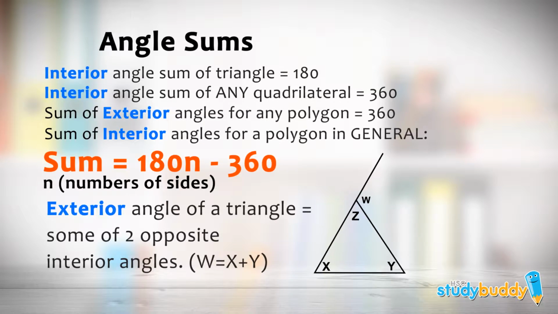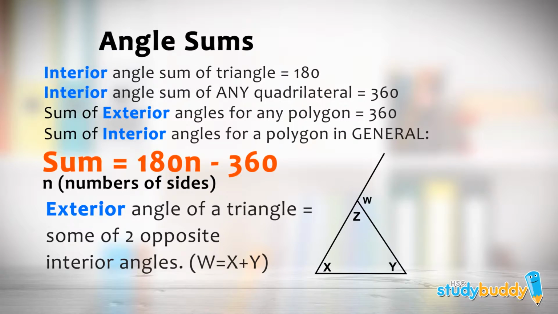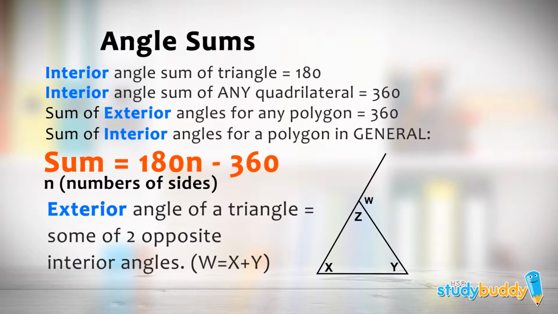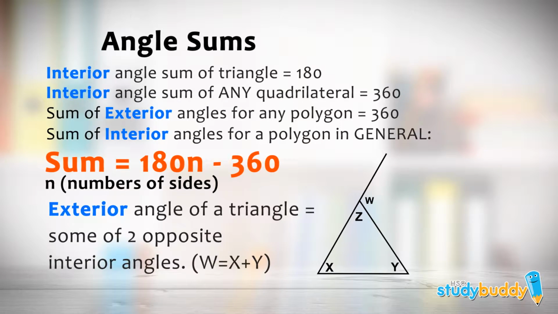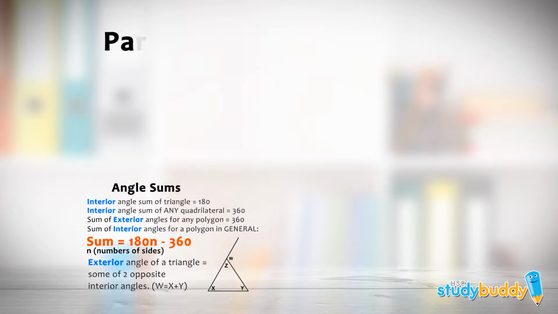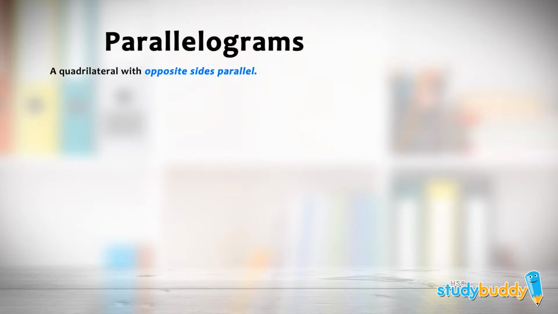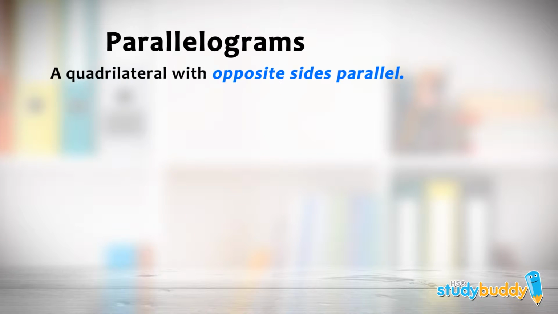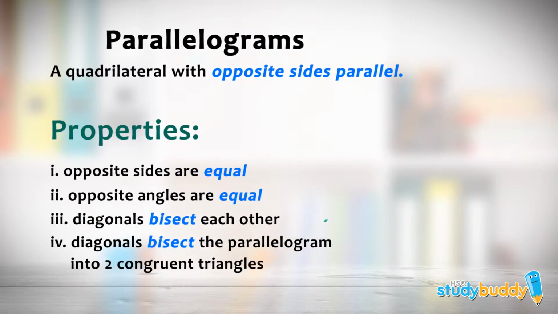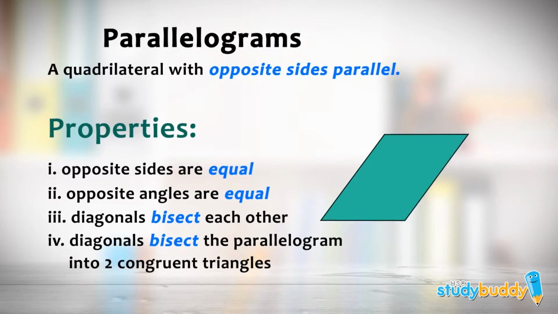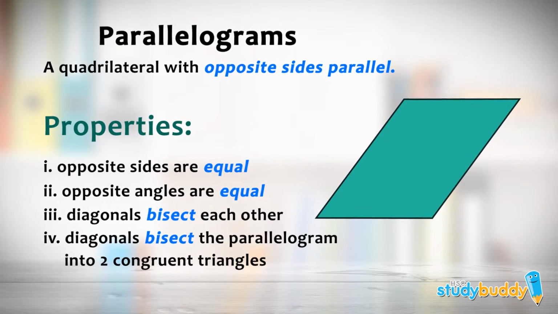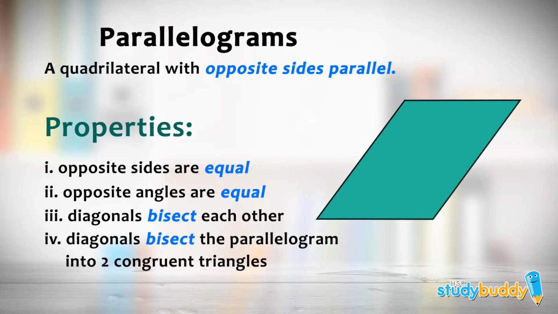Now we're going to look at a few shapes specifically and the proofs that can be used to identify these kinds of shapes. That does quite often come up in a question, and it's very important to be familiar with these. So the first of these shapes we're going to look at is the parallelogram. This is a quadrilateral that has opposite sides parallel. There are several properties of a parallelogram that are essential to know in order to prove that something is in fact a parallelogram and allow you to use these properties to solve the next parts of the questions.